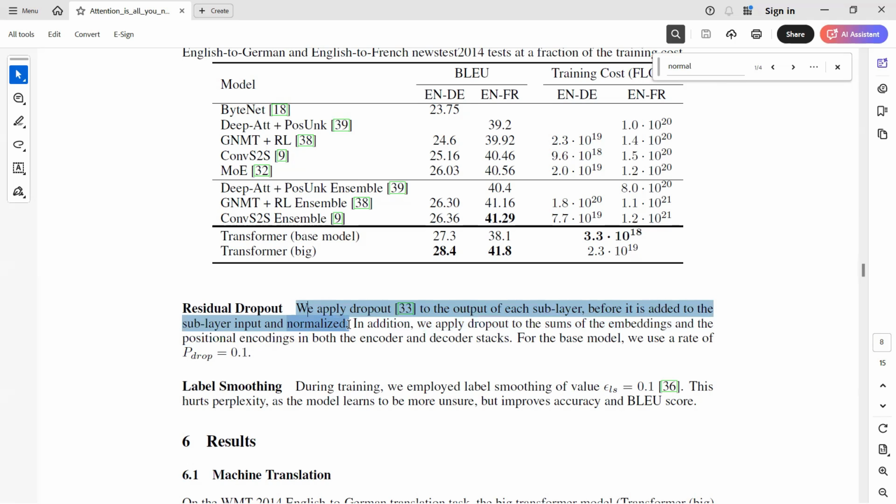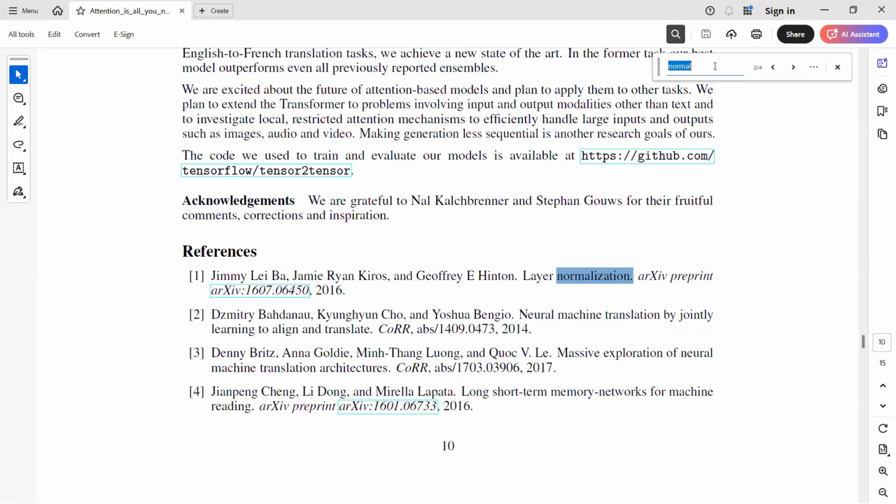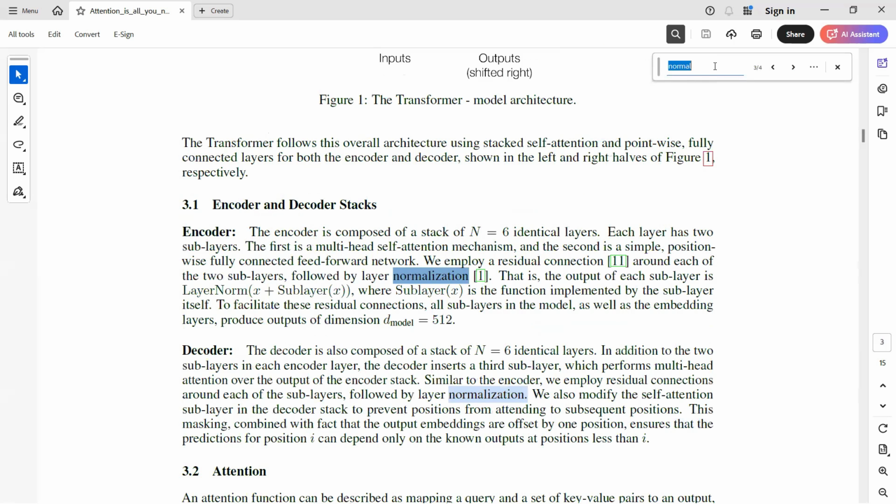As you can see, we employ a residual connection around each of the two sublayers followed by layer normalization. So it is specifically saying that I'm using layer normalization. It is not saying it is using batch normalization.